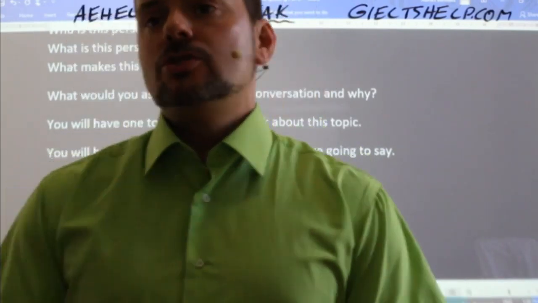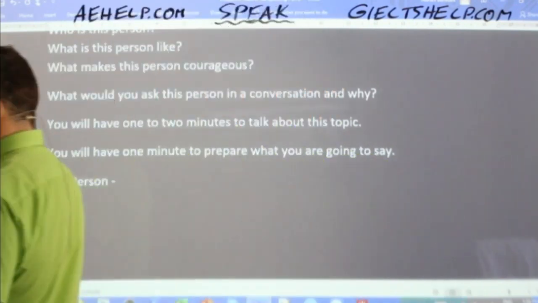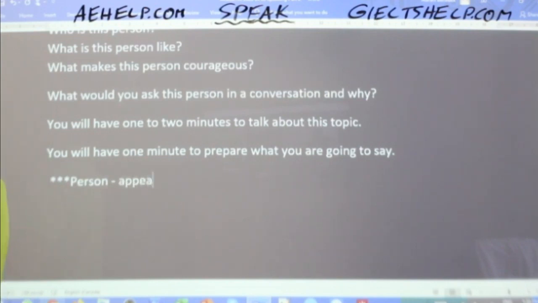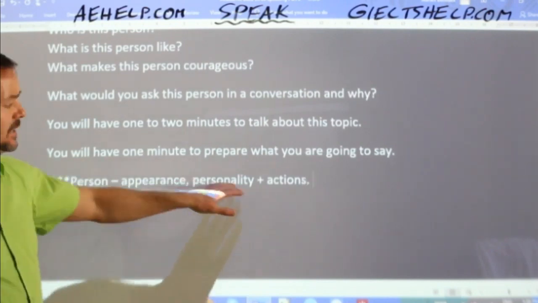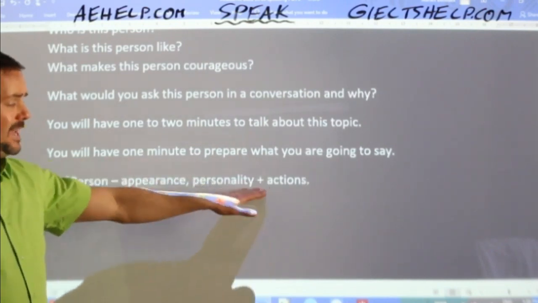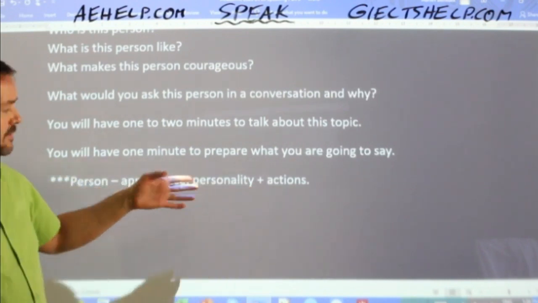So what should you include? Abhishek says, well, put in their appearance. Okay. And put in their personality. And personality has to be backed by actions. So remember, members, that personality and actions in most cases should not be separate. So you shouldn't say, well, this person is, of course, courageous.